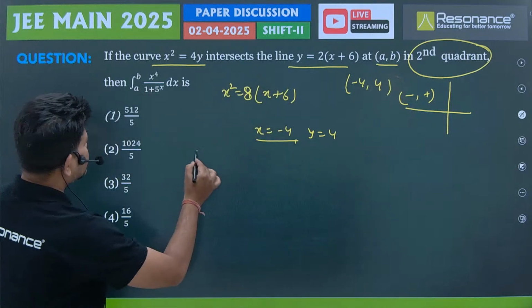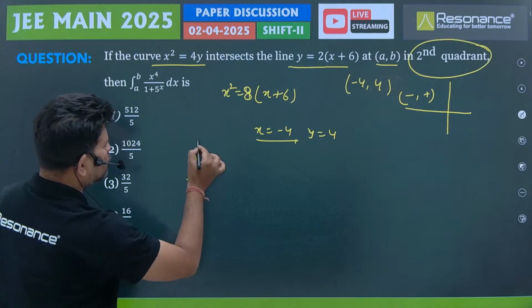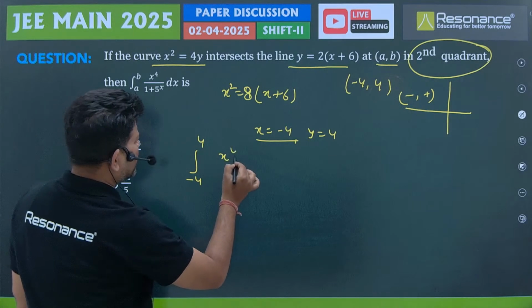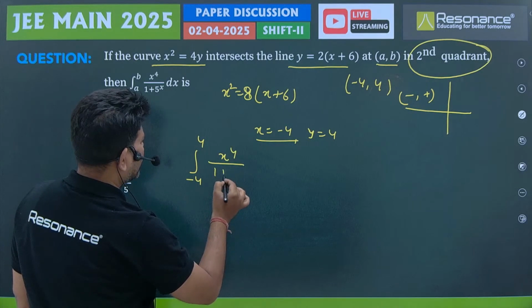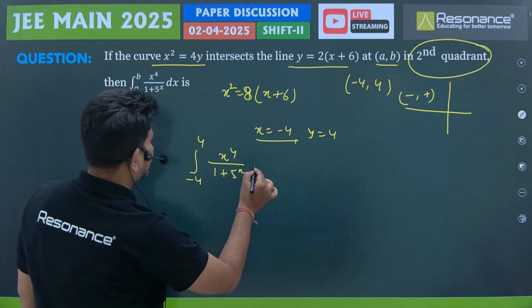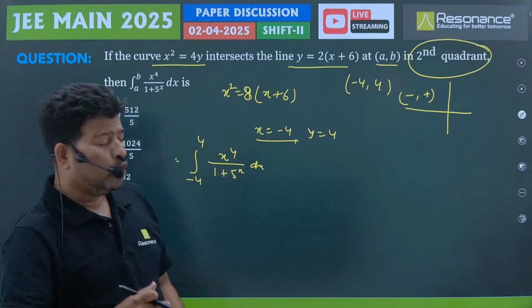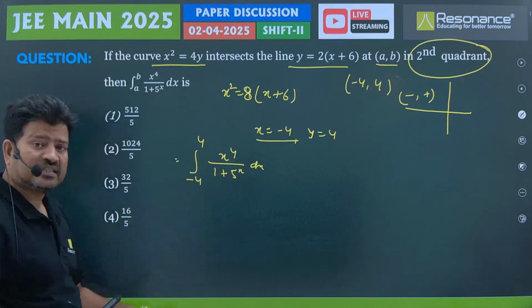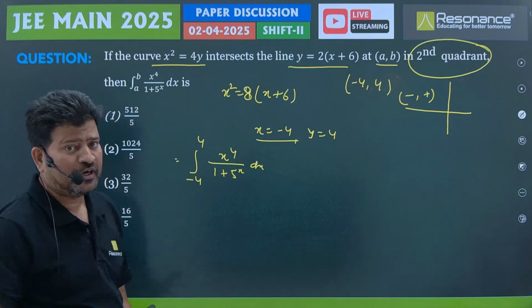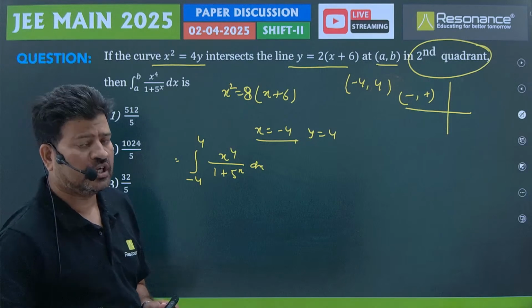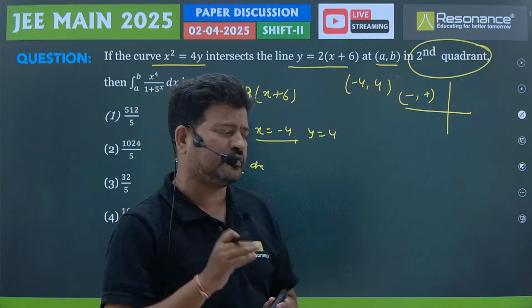So here you can see the integral from minus 4 to 4 of x to the power 4 by 1 plus 5 to the power x dx. If the lower limit and upper limit are the same and the signs are different, we always have to think about whether it is an even function or an odd function.